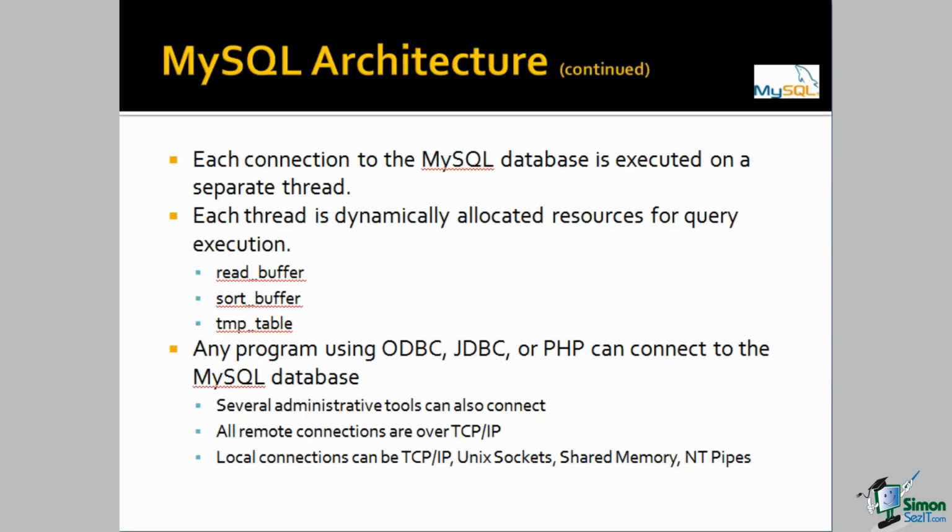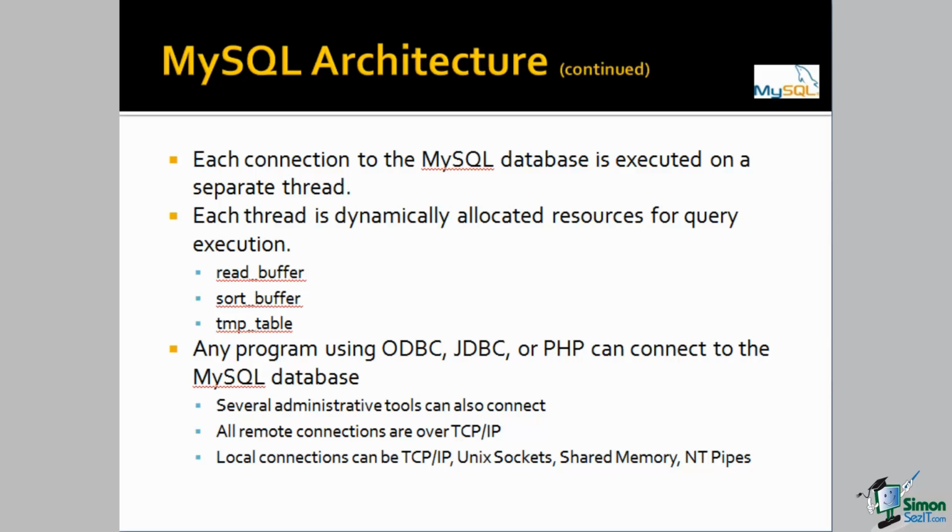Now, this process has been greatly improved in the latest version of MySQL 5.6 to provide us a much more stable and reliable concurrent thread pool. When our connection is assigned a thread, we're also assigned resources for the query execution.